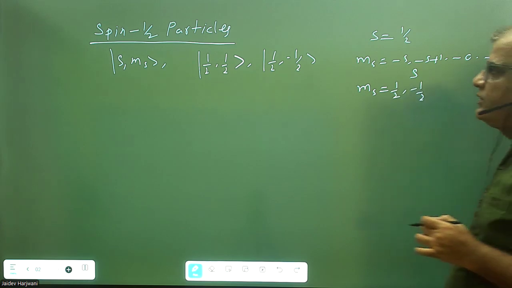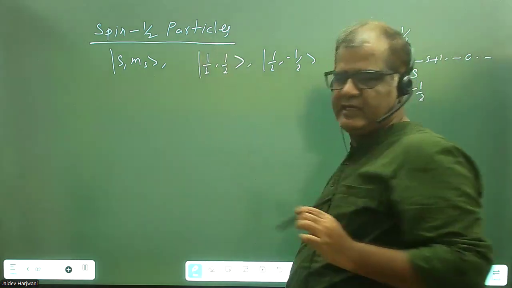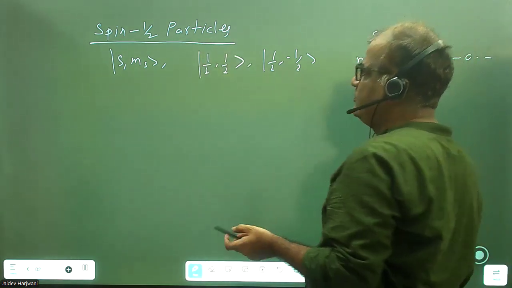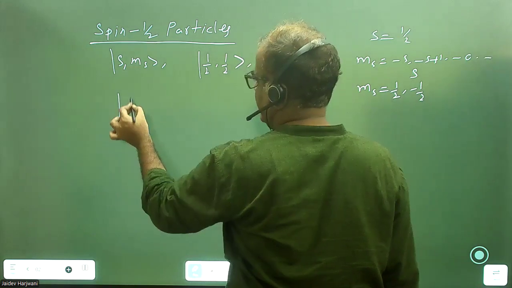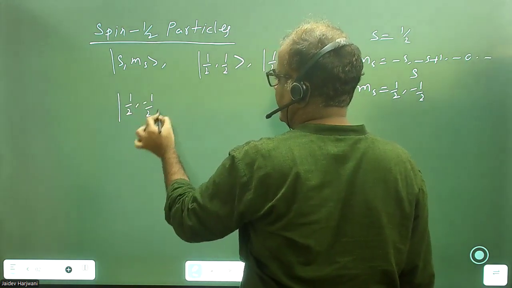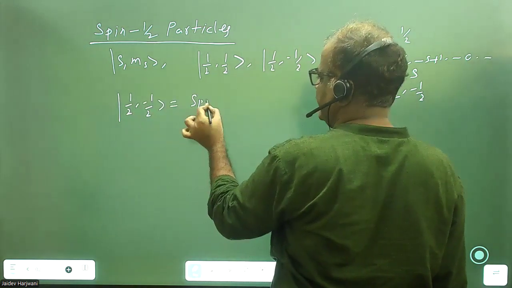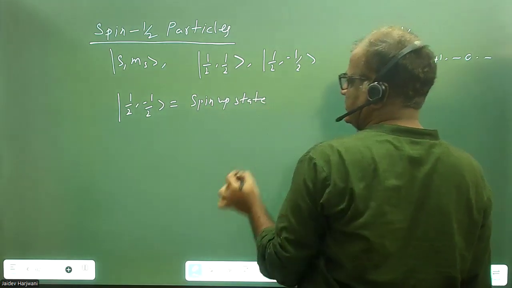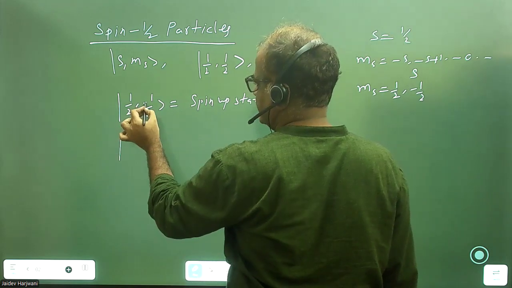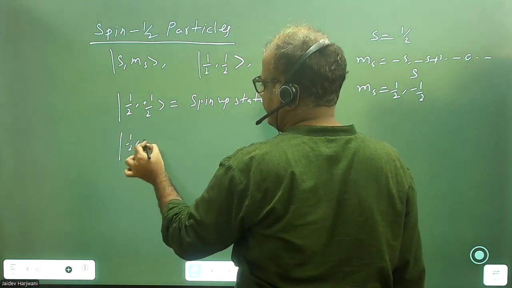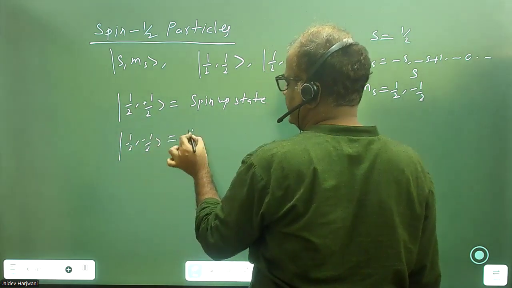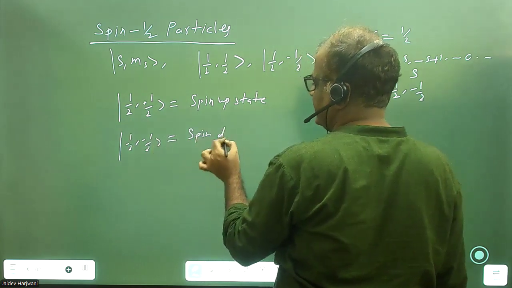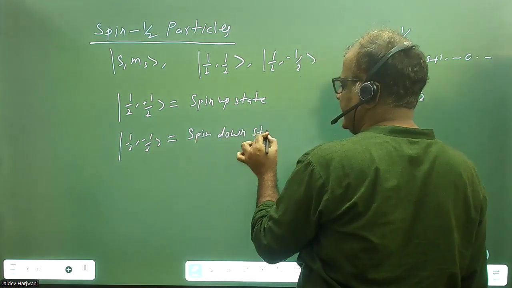That means you have only two states for a spin half particle, spin up and spin down. So I call |1/2, 1/2> the spin up state. Similarly, |1/2, -1/2> is called the spin down state.